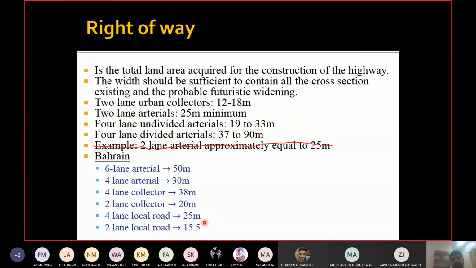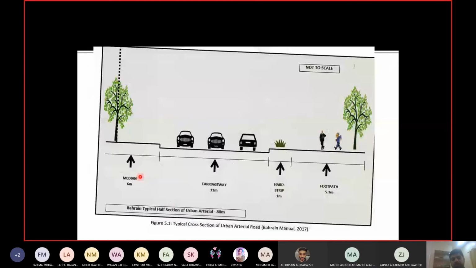Let me show you the complete picture. This is for an arterial. Okay, so 3 lanes means 11 meters. So 1 lane is like 3.5 meters or something. So if you reduce the number of lanes, then you can recalculate, right? Then you have a curb of 1 meter. They leave some space between the road and the footpath and the sidewalk.